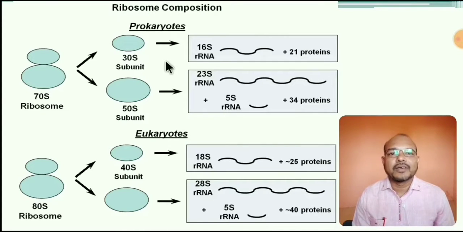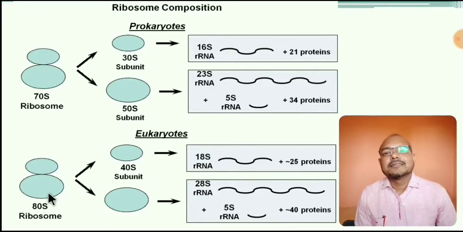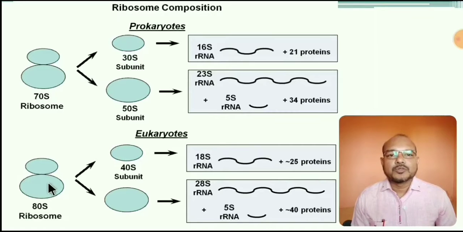In prokaryotes, the ribosomes are 70S, with small and large subunits, and in the eukaryotic cell the ribosome is 80S. The prokaryotic ribosome differentiates into 30S and 50S subunits, and the eukaryotic into 40S and 60S subunits.